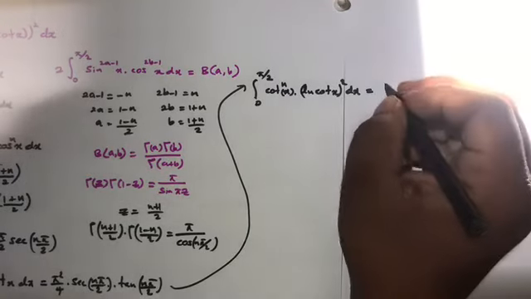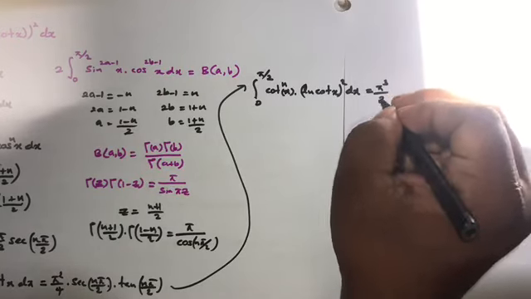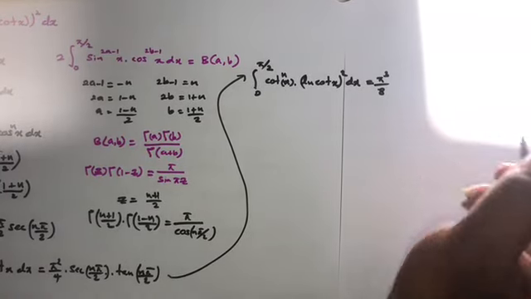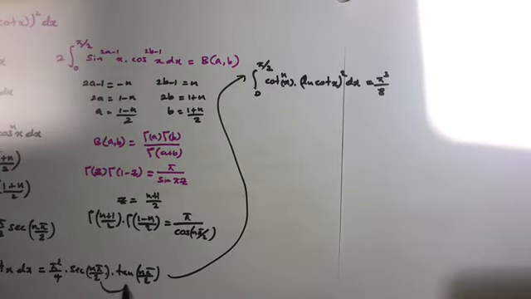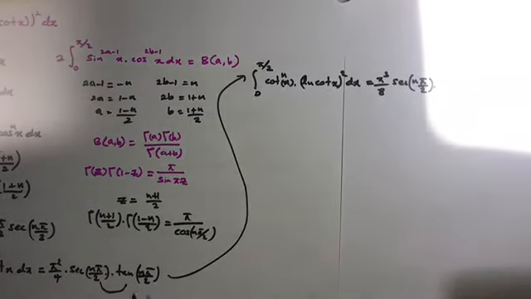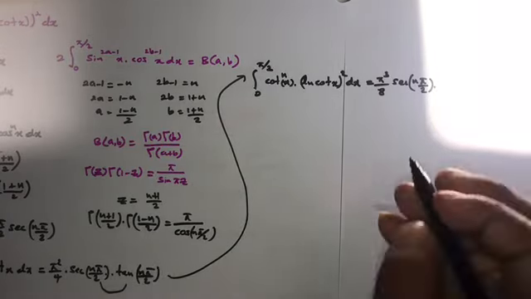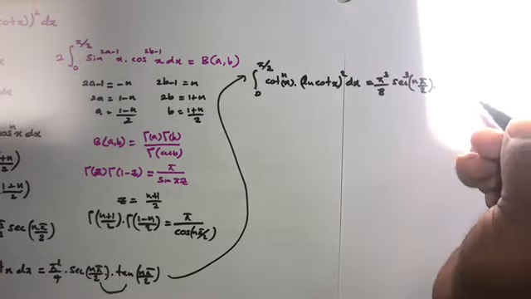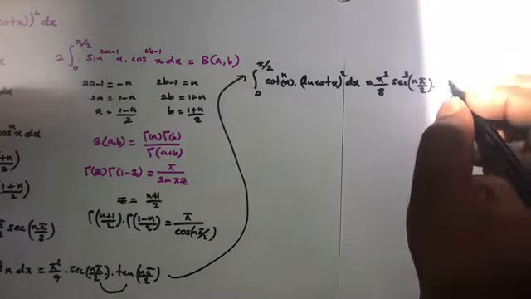So now pi cubed over 8, and now we will have a product of two functions, so we can use the product rule. First I am going to write secant n pi over 2 times the derivative of tangent, we know, secant squared of n pi over 2. So here secant squared and here secant, so secant raised to the 3 power of n pi over 2.